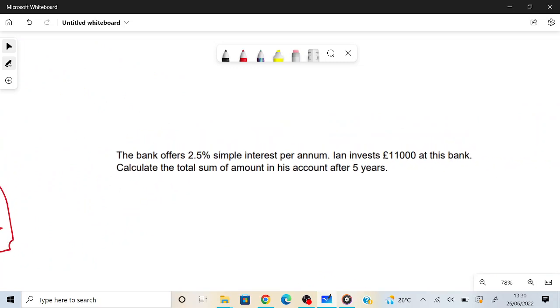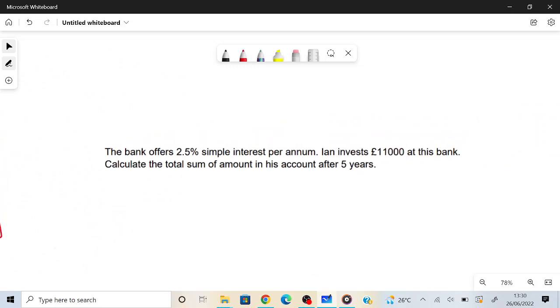Right, it says the bank offers 2.5% simple interest per annum. Annum simply means a year. Ian invests £11,000 at this bank. Calculate the total sum of amount in his account after 5 years.